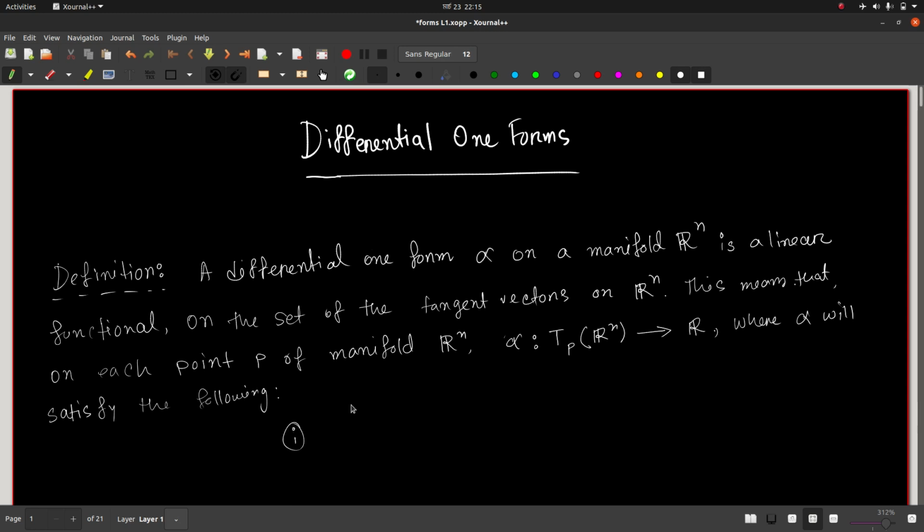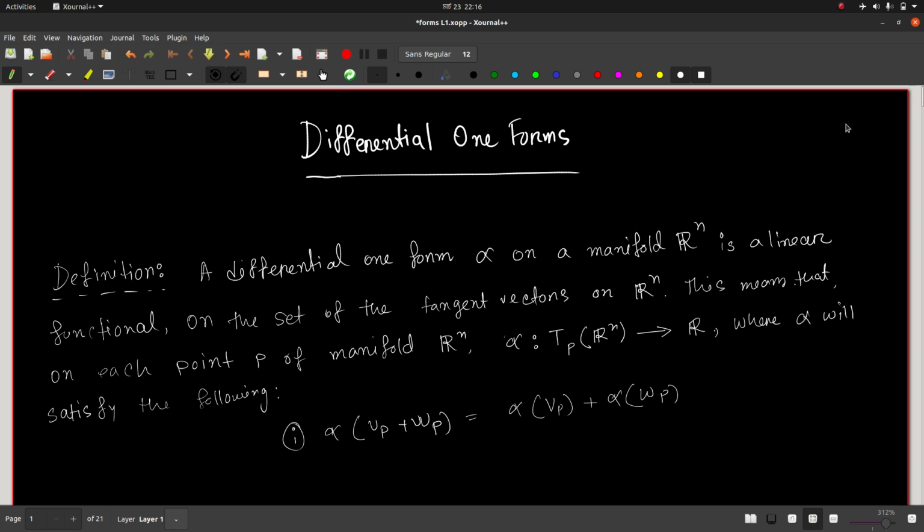Number one is a linear property. Let's say you have two elements V and W at some point P of the tangent space. So alpha acting on VP and WP would be equal to alpha acting on VP plus alpha acting on WP separately. This is the linearity property.